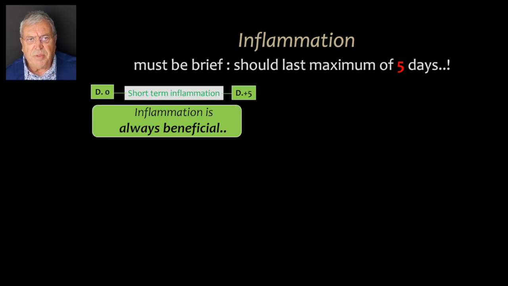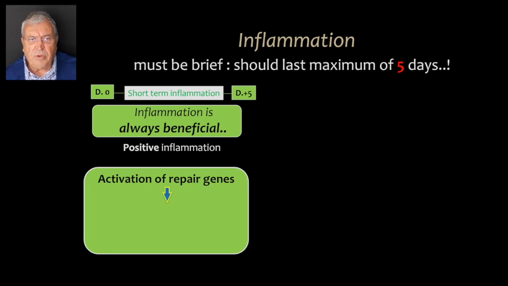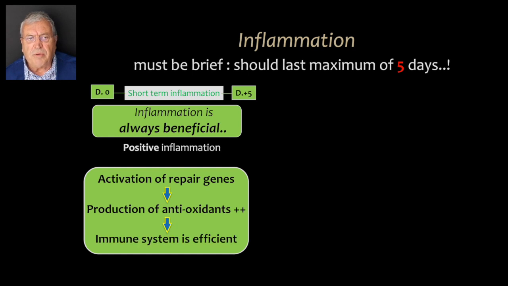During the first 5 days, the inflammation is always beneficial, and we name it positive inflammation, because it activates the repair genes, leading to the production of antioxidants, and this is how the immune system can be efficient.